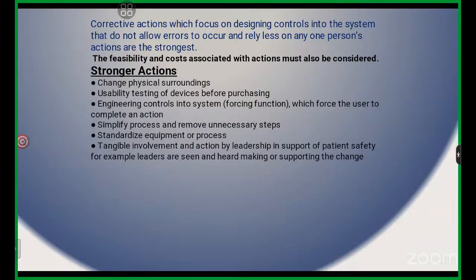When a change is supported from above, people are happy because they implement some processes or systems that are being supported, and they feel that they are supported and empowered to implement.